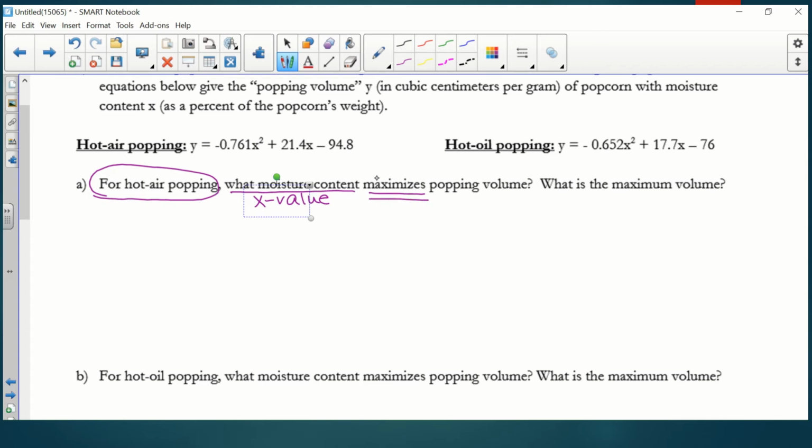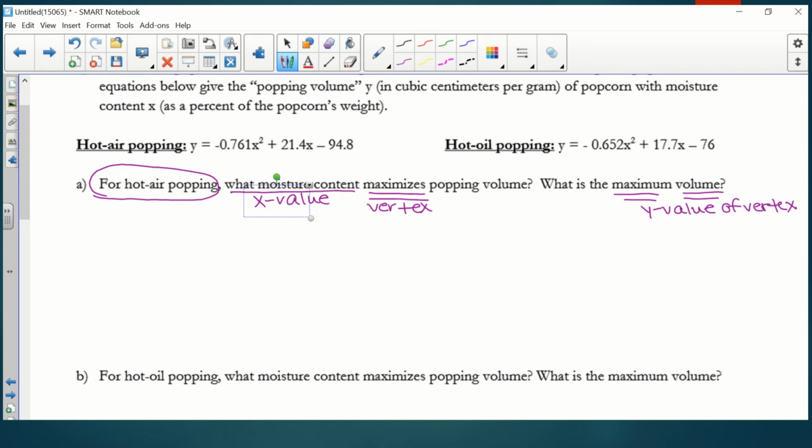Again, maximizes means vertex. So to start, we're going to look for the X value of the vertex. The second part of this problem, when it says what is max volume, refers to the Y value of the vertex. Again, maximum, minimum means vertex.